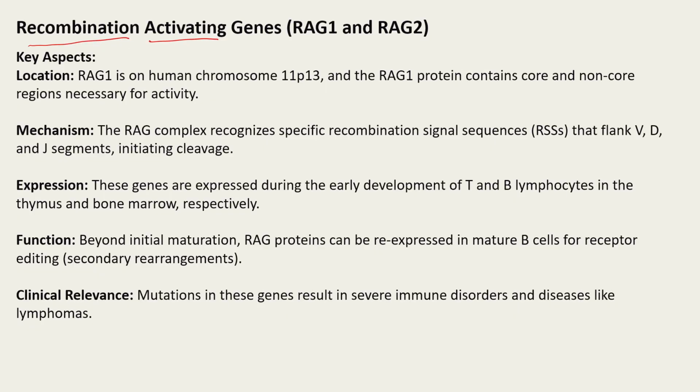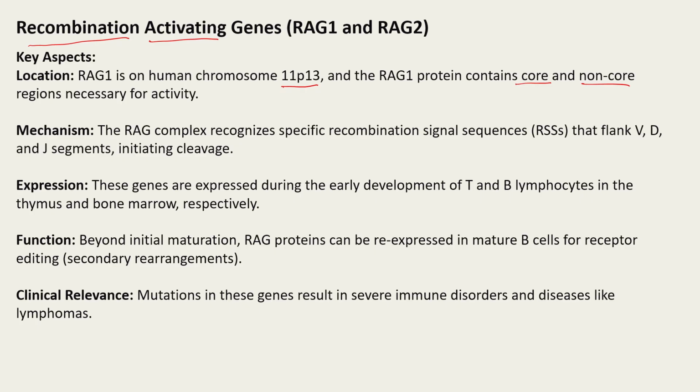The key aspect about RAG1 and 2 is that they are coded specifically in chromosome number 11, at 11p13, which is in the short arm, the upper arm, of the chromosome. These proteins contain core and non-core regions necessary for their activity. They act in an enzymatic way to activate the recombination process.